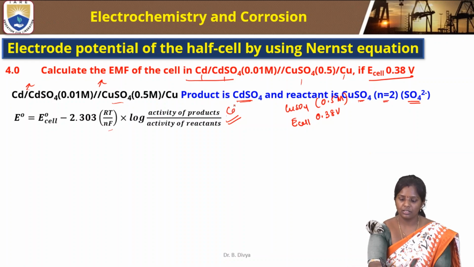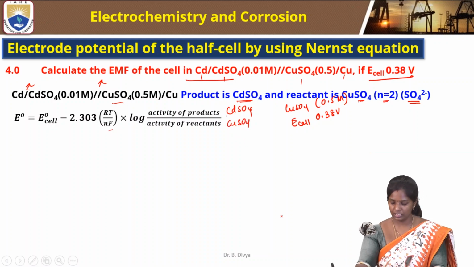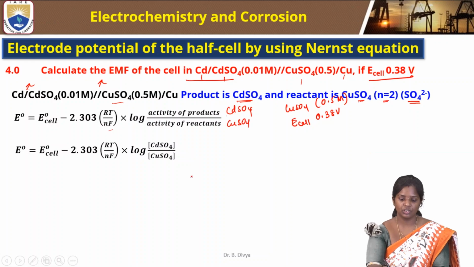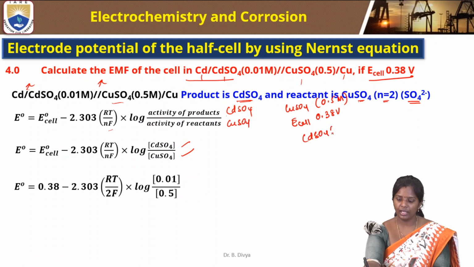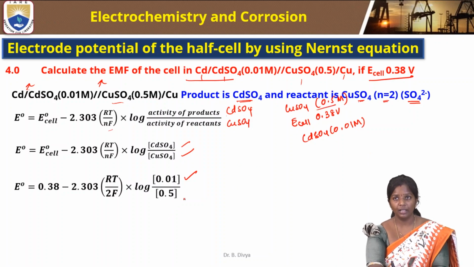So what is the product here? Cadmium sulfate, and the reactant is copper sulfate. So the same thing is substituted here. What is the cadmium sulfate molarity? 0.01 molar, and copper sulfate is 0.5 molar.